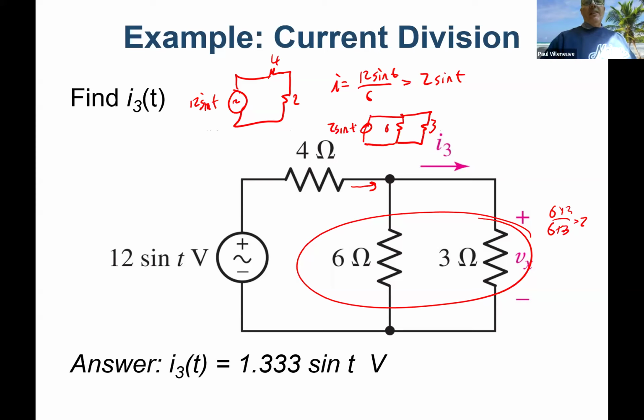2 sine t. So now if I want the current going through the 3 ohm resistor, we'll call it R3 for lack of a better term.